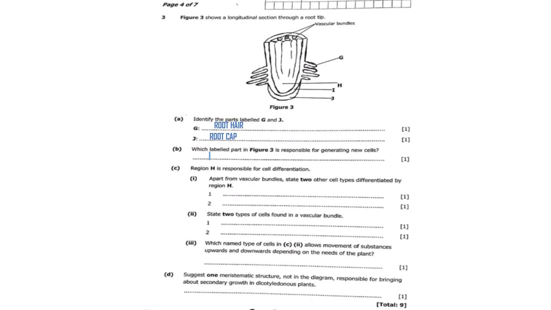C. Region H is responsible for cell differentiation. Apart from vascular bundles, state 2 other cell types differentiated by region H. So we're talking about region H, and what cells are differentiated in region H. That's the sclerenchyma and the parenchyma tissues.